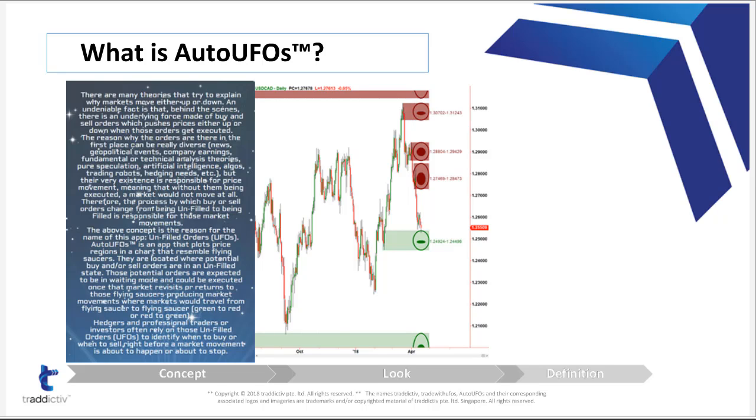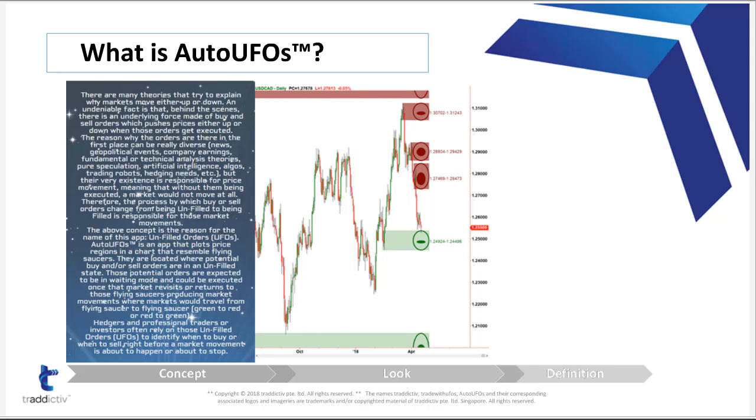the three-letter acronym UFO, which is normally known for unidentified flying object, in this case actually refers to unfilled orders in the marketplace. So this tool is looking at order flow, but also the way this collection of buy or sell orders that are still in a pending state waiting to get filled is visually represented on the screen, based on those flying saucers that you can see on the right side, either red color or green color.